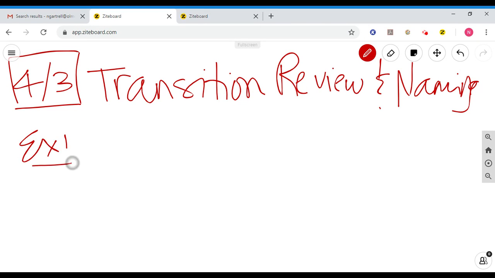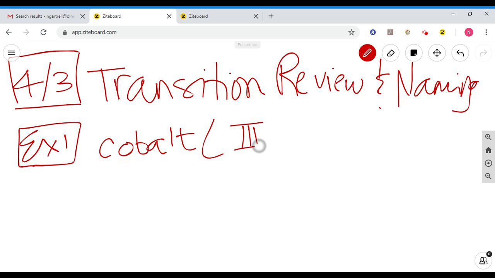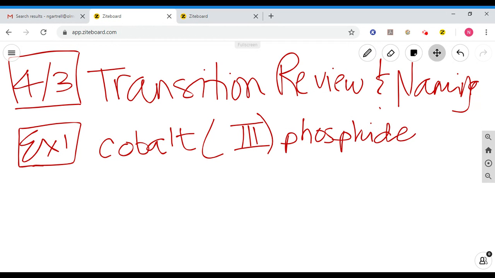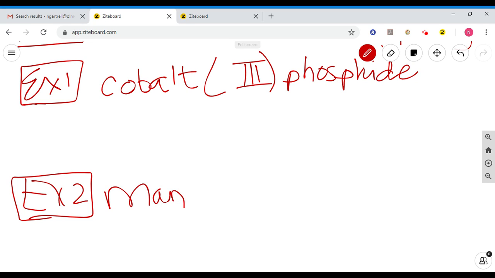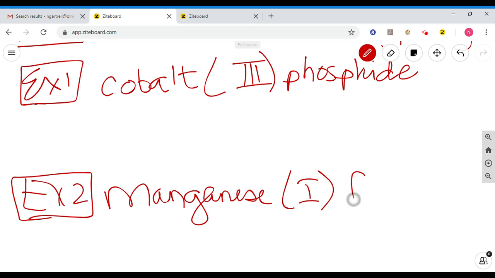All right, so we have example 1. Let's do cobalt 3 phosphide. Let's do manganese 1 fluoride.